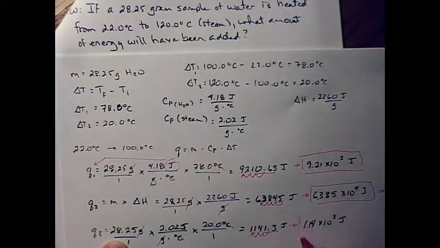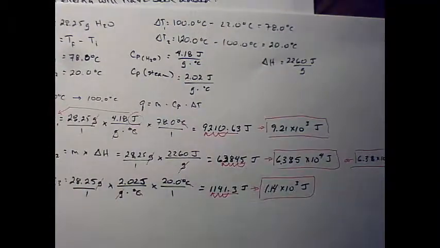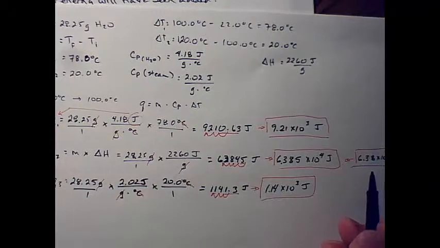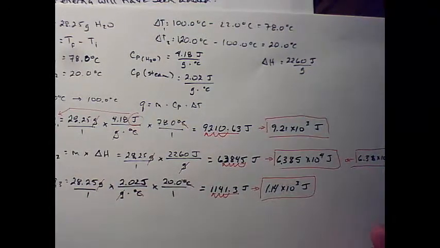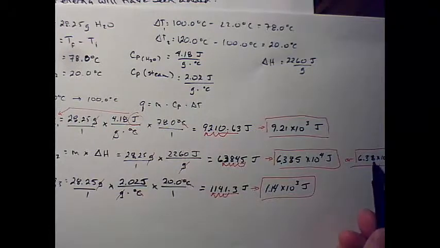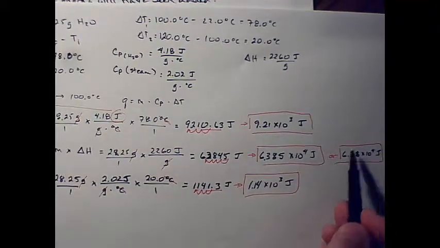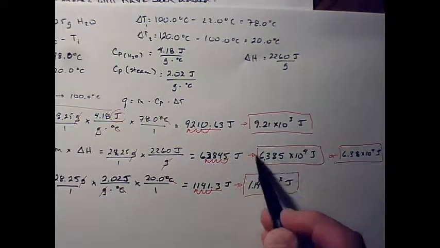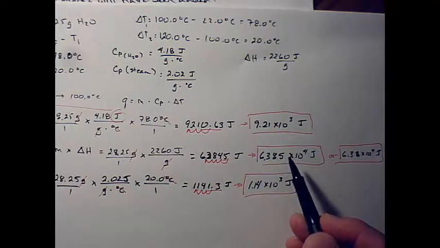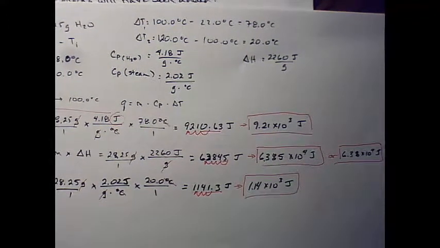And then we have to add all 3 of these numbers together. You have to be careful about how you're rounding it off. So if we're using this version here, we'll only have 3 significant digits. If we're using this version, we'll have 4 significant digits in the answer. I'm going to give you both.